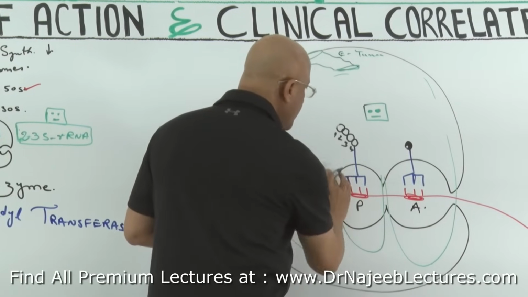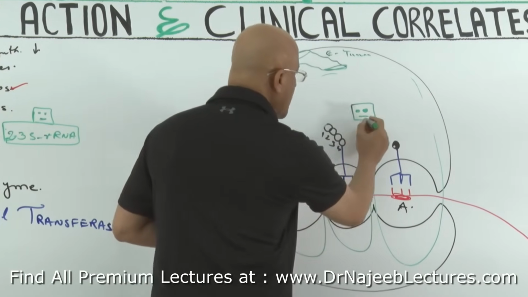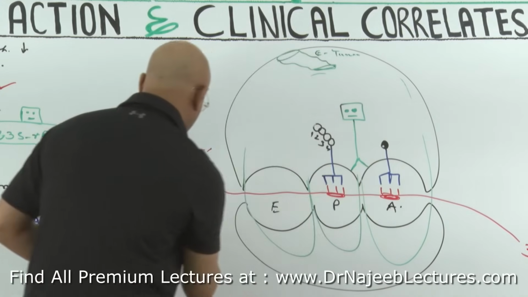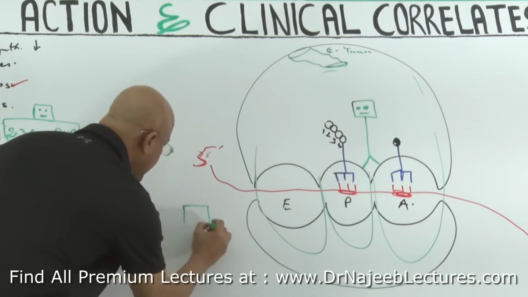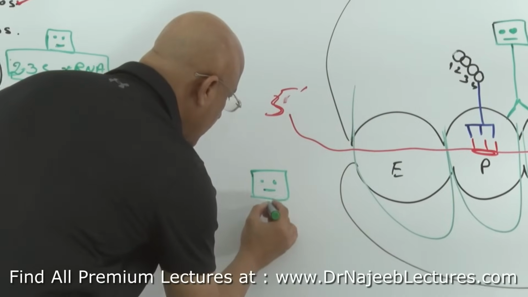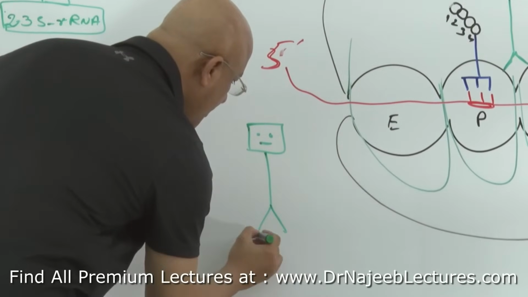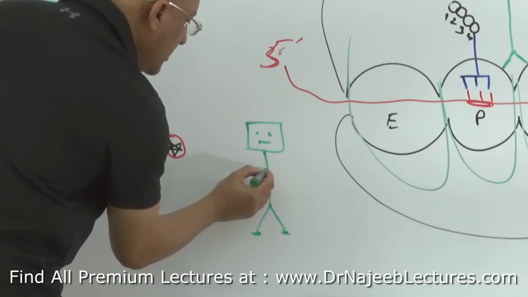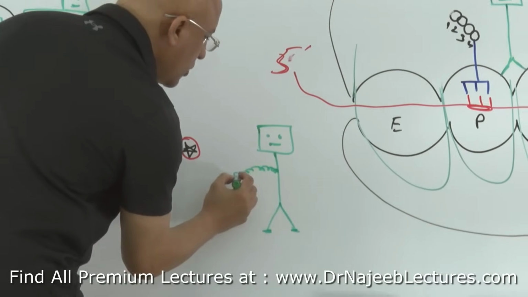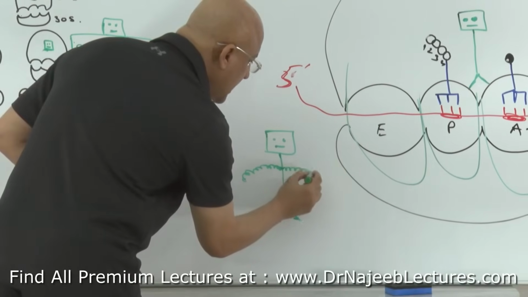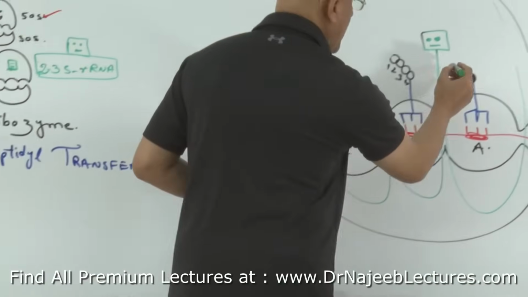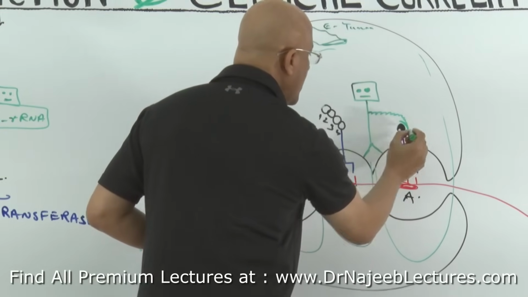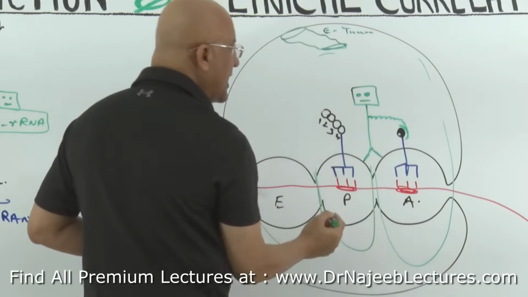This is now the ribozyme. I will draw it here just to explain it clearly. This is the ribozyme, right? Now it has two special domains. One functional domain is going to work on the amino acid transfer RNA.